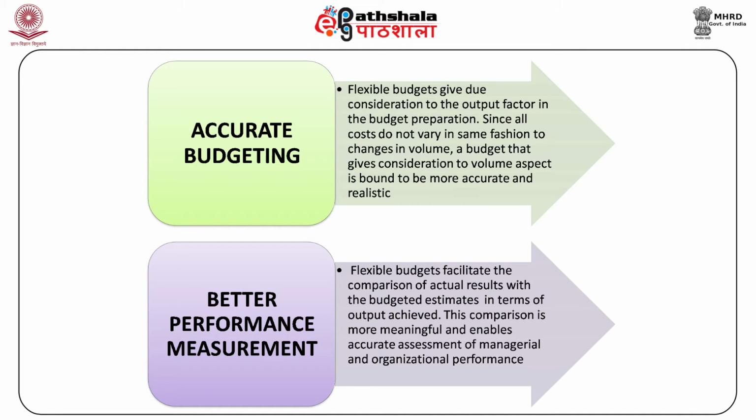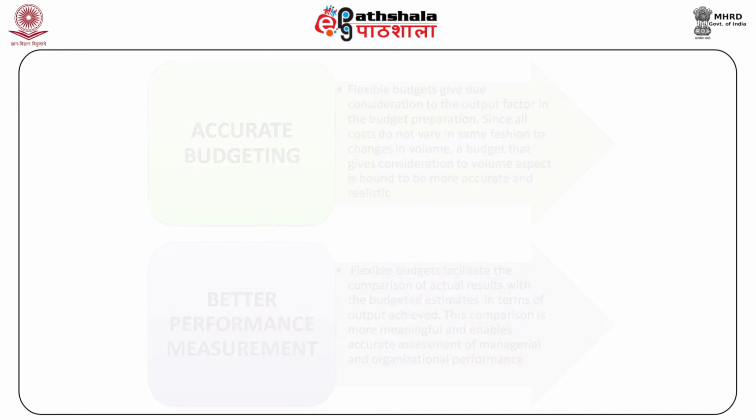Second, better performance management. Flexible budgets facilitate the comparison of actual results with the budgeted estimates in terms of output achieved. This comparison is more meaningful and enables accurate assessment of managerial and organizational performance.